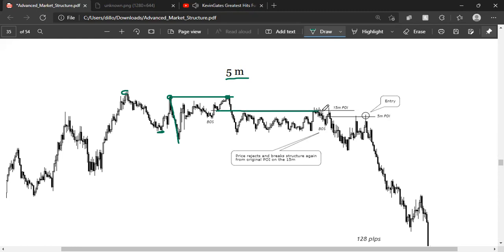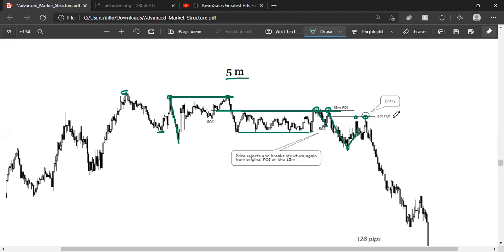And then here's that 15-minute point of interest. Here's one rejection, it doesn't give us a break of structure. Here's the second rejection, and this gives us a break of structure. And so we look for a retracement back in that area.